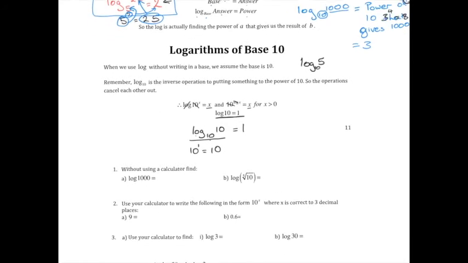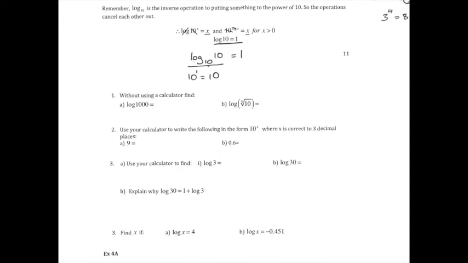Okay, so now, without using a calculator, find log of 1,000. So remember, we're wondering 10 to what power equals 1,000? Oh, that's 3. Therefore, the answer is just 3. Now, this one's a little bit more confusing. So log of what?